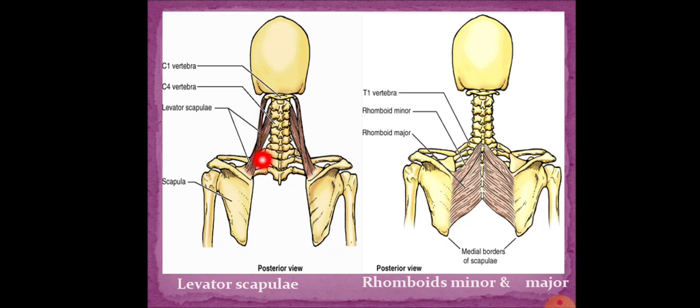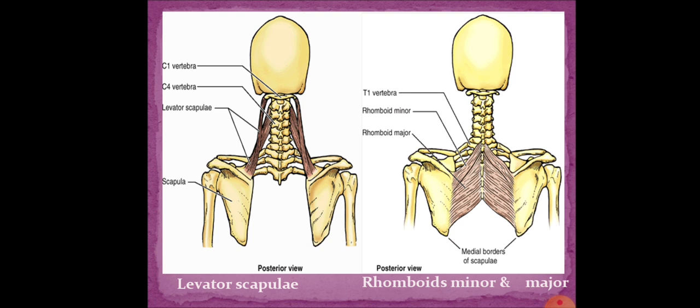Levator scapulae inserted into the medial border of the scapula above the spine. Rhomboid minor inserted into medial border of the scapula opposite the spine. Rhomboid major inserted into the medial border of the scapula from the spine to the inferior angle. Okay?